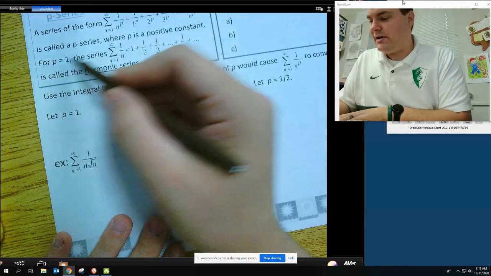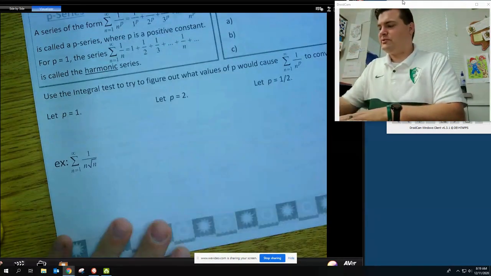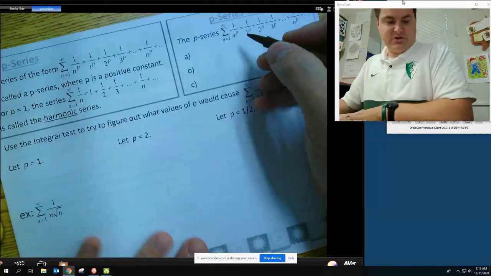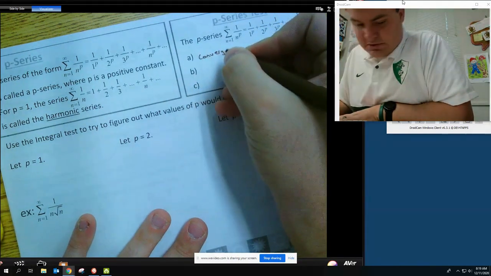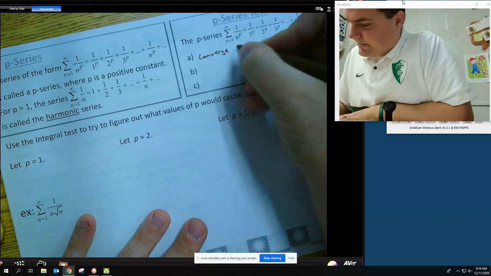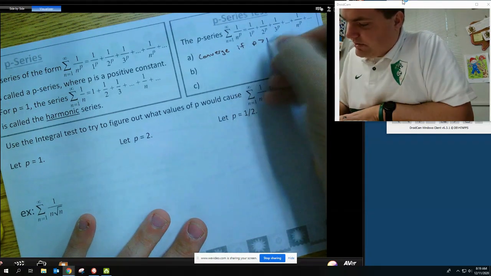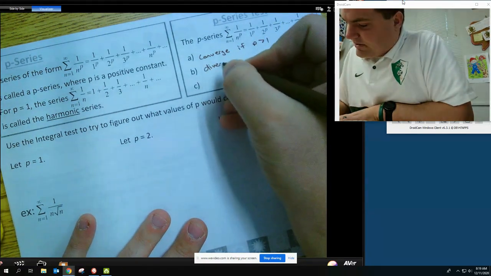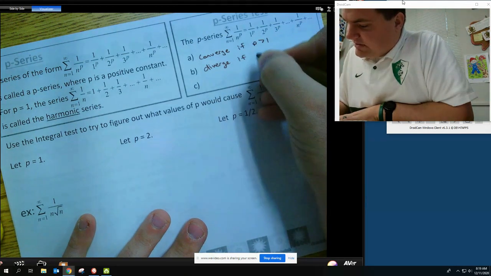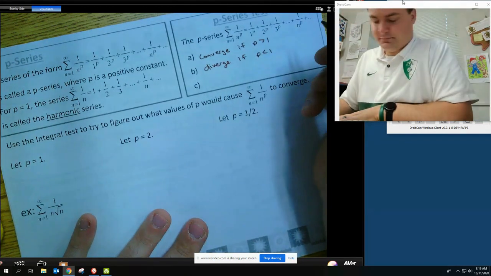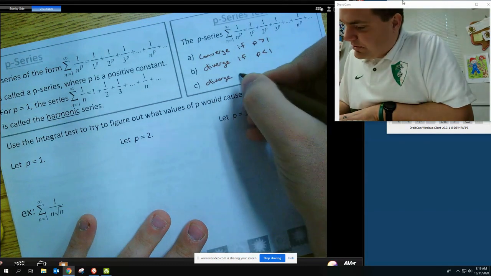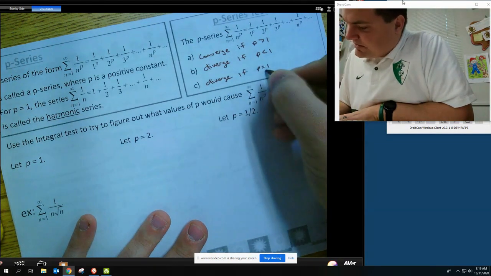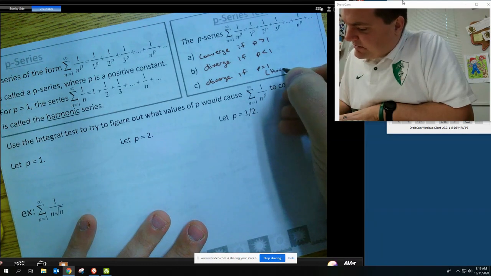This is what the P series test is. It's going to converge if P is greater than 1. It's going to diverge if P is less than 1, or if P equals 1, and that case is known as the harmonic series.